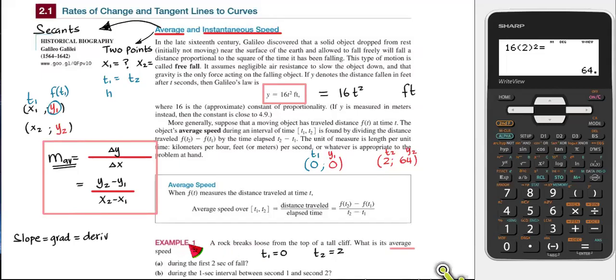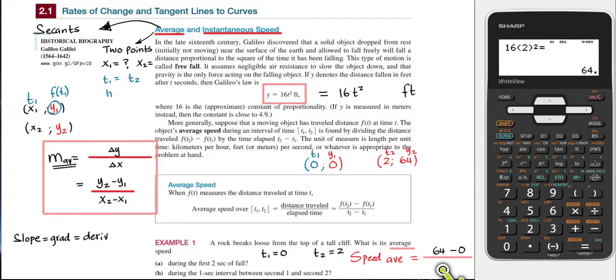So we can give them the answer: speed average, with a subscript AVE, equals, remember, you start with the Y at the top, meaning Y2 minus Y1 over X2 minus X1. Y2 is 64, correct? Yes. Then we minus the Y1, which is 0 there.